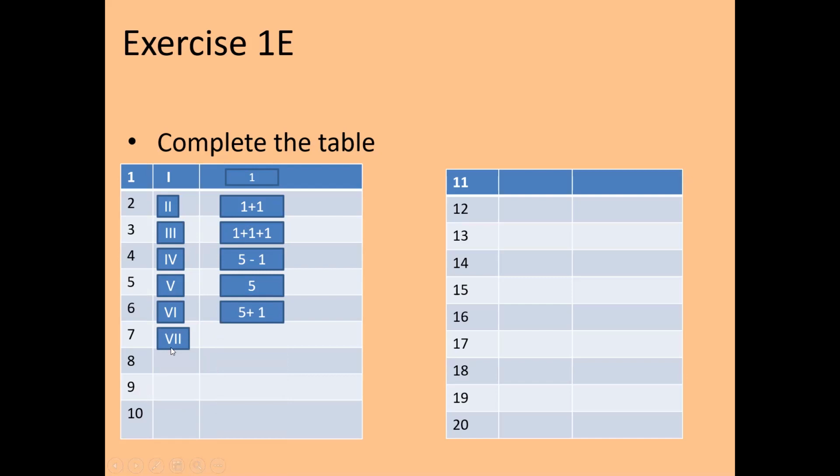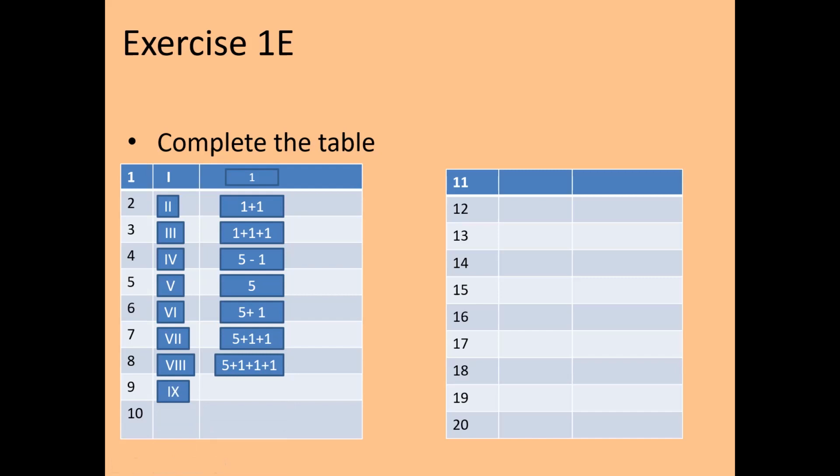Here 7 is 5 plus 1 plus 1, or 5 plus 2. 8 is VIII, 5 plus 1 plus 1 plus 1, or we can write 5 plus 3. Okay, 9 is IX.